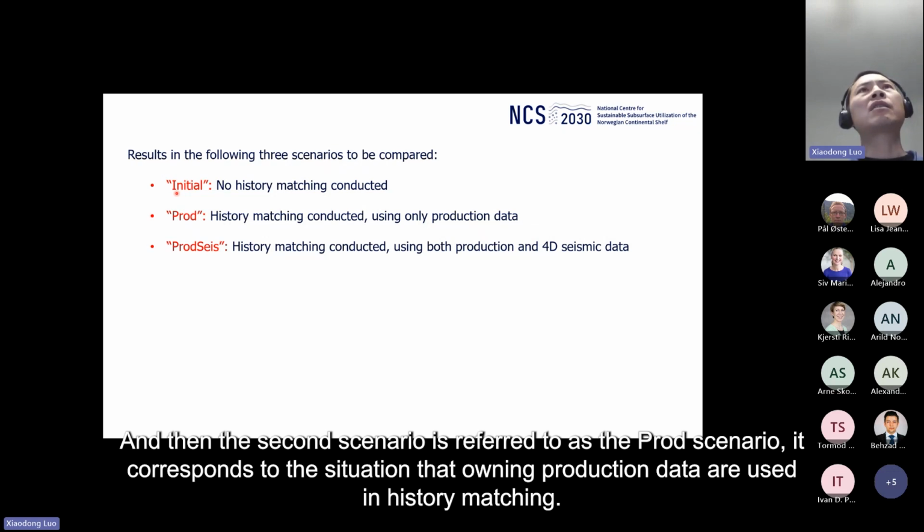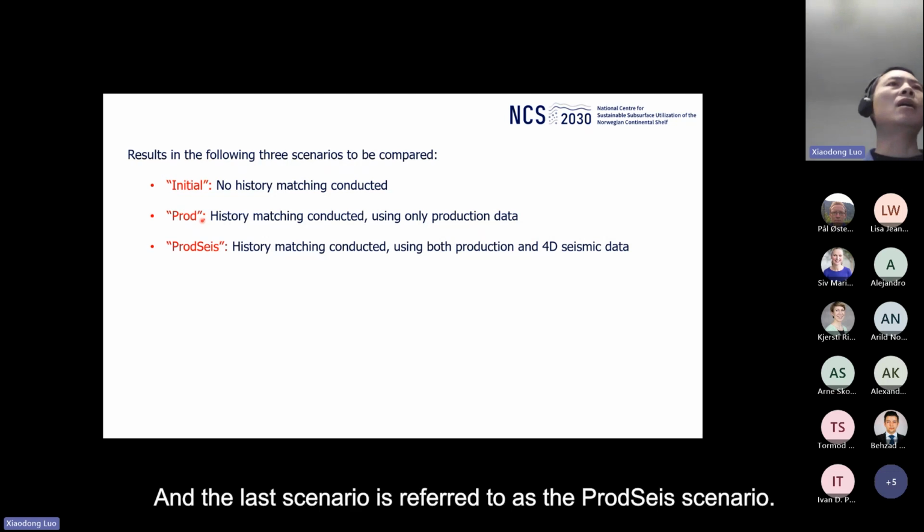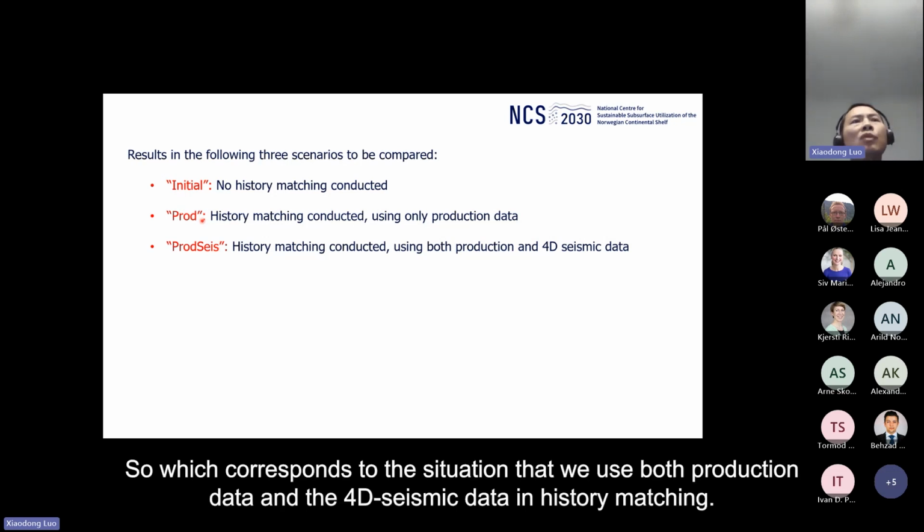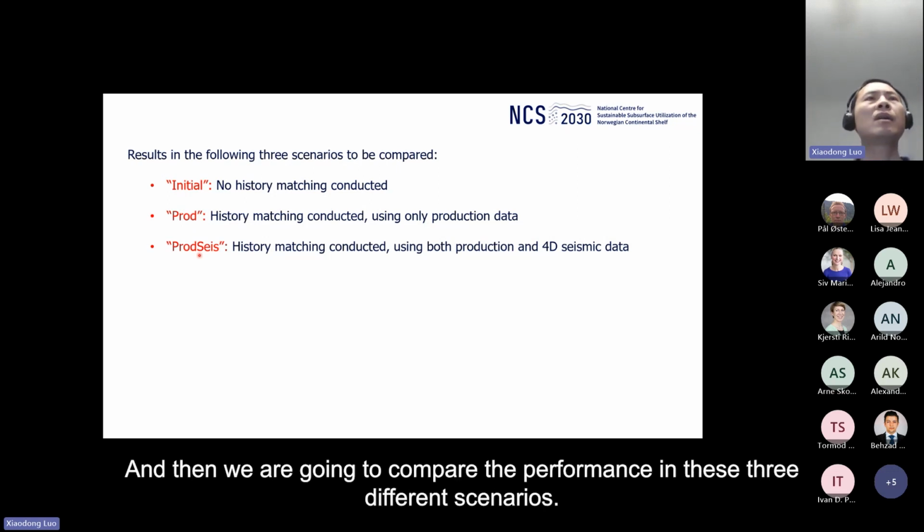It corresponds to the situation where only production data are used in history matching. And the last scenario is referred to as the prod SAS scenario, which corresponds to the situation where we use both production data and the 4D seismic data in history matching. Then we are going to compare the performance in these 3 different scenarios.